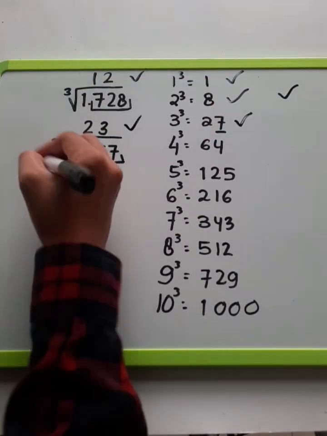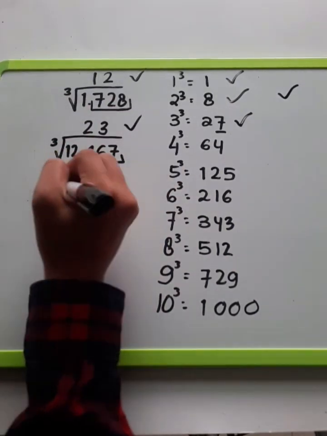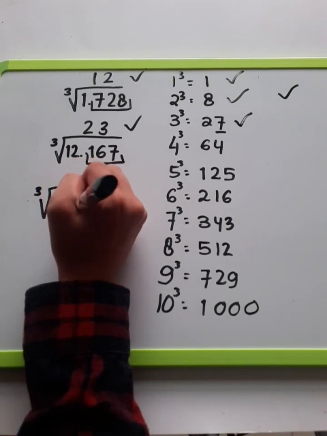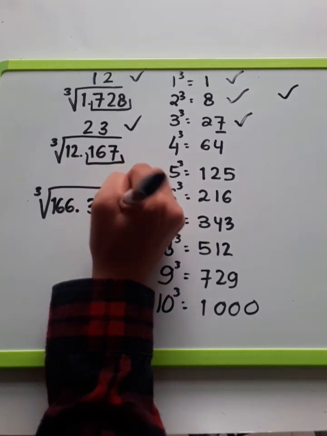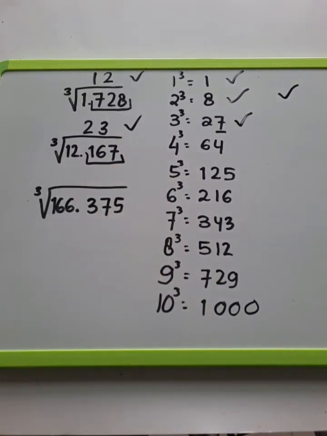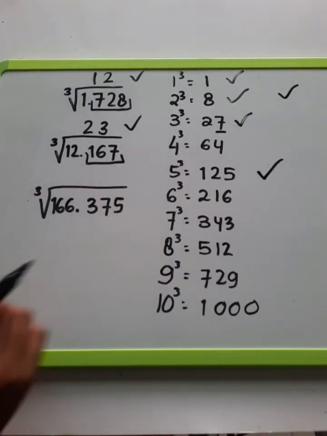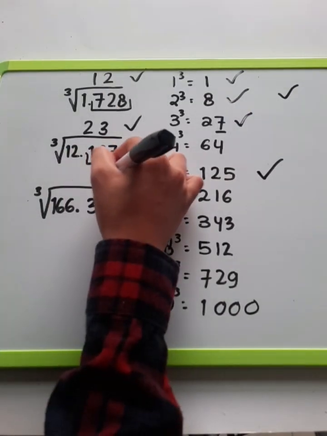Another example is the cube root of 166,375. It's very easy because the unit digit is 5. Of course, it's 5. Which cube has unit digit 5? It's 5.